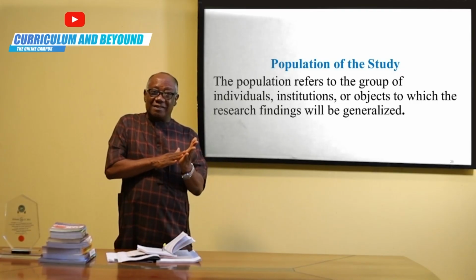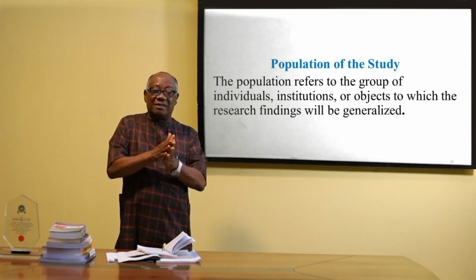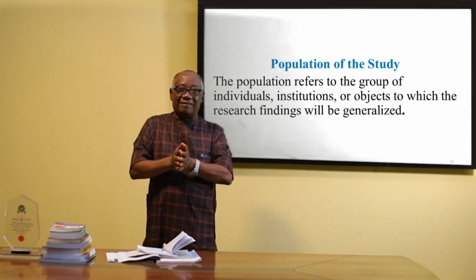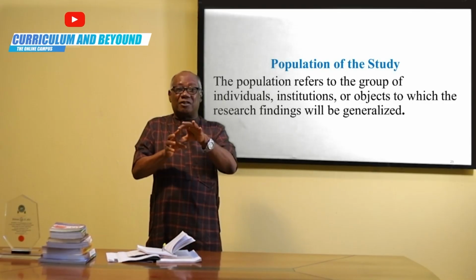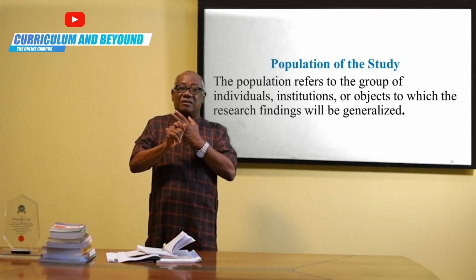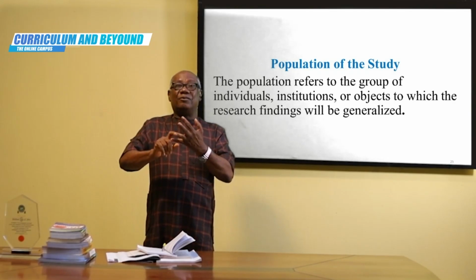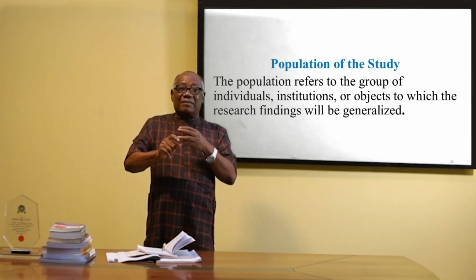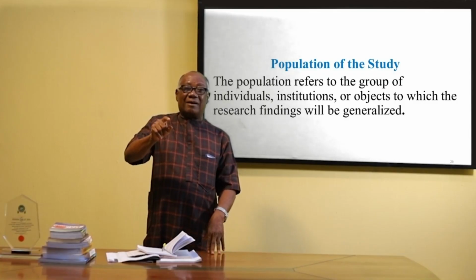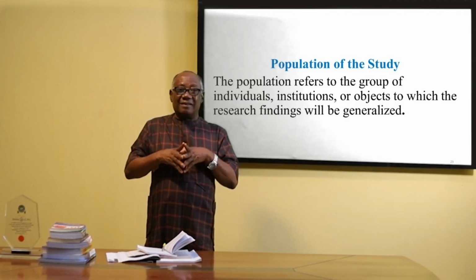So let's be consistent with the example I've given of English language and achievement in biology. And we know that biology is a subject that is taken in SS3. So we'll say our population within the realm of this example are all senior secondary school 3 students. Then you give the number that according to the Ministry of Education in Delta State, there are about X number of SS3 students in Delta State.